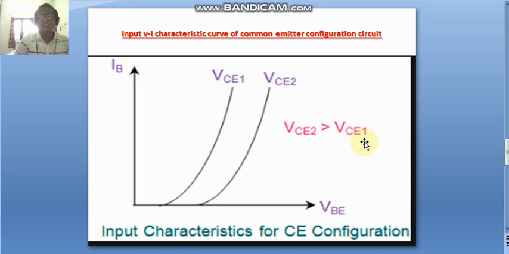In the input we apply microamps, but we get the current in the output circuit in milliamps. That means the current is increasing gradually. This is the input VI characteristic curve of the common emitter circuit.